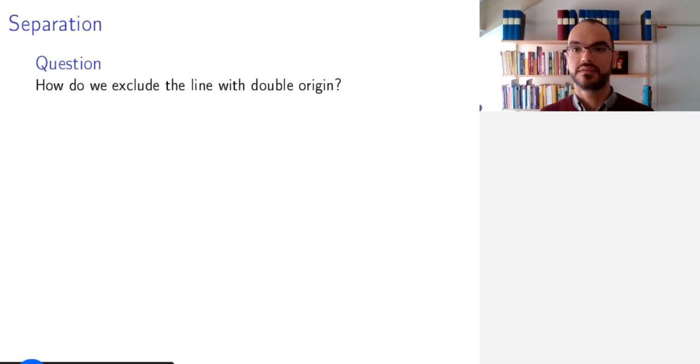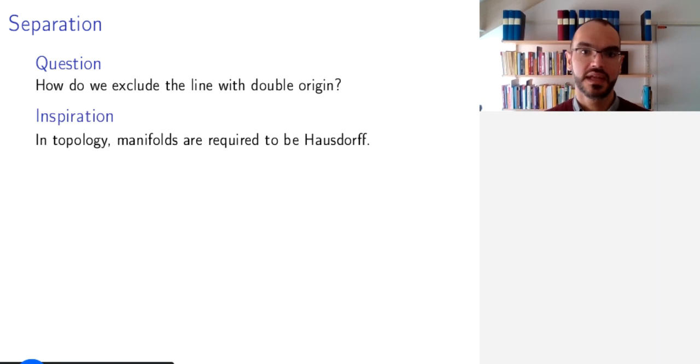So now let us go back to our original question. How do we exclude the line with double origin from being a desirable variety or pre-variety? So in topology, how do you do this? In topology, when you study manifolds, you require manifolds to be Hausdorff.